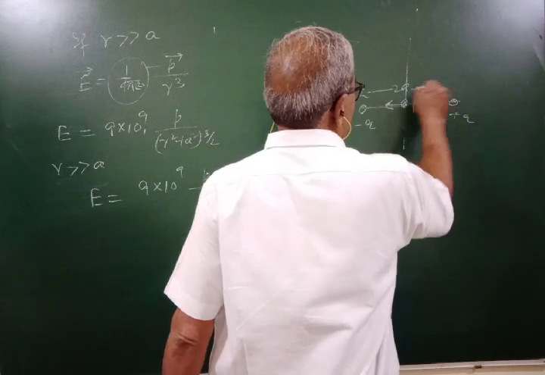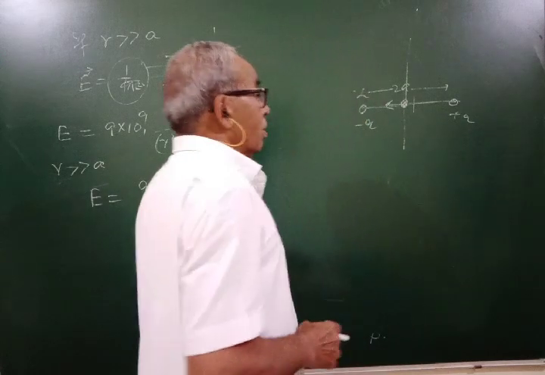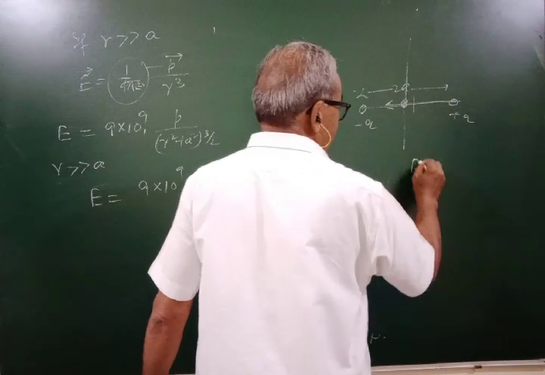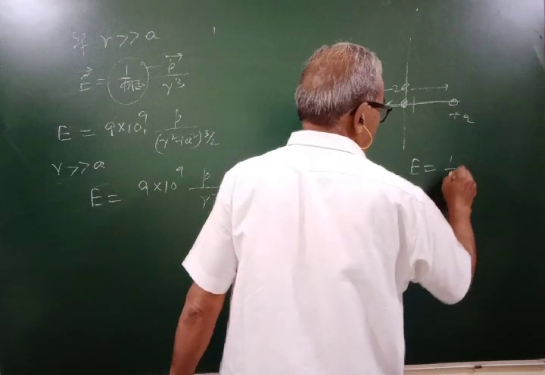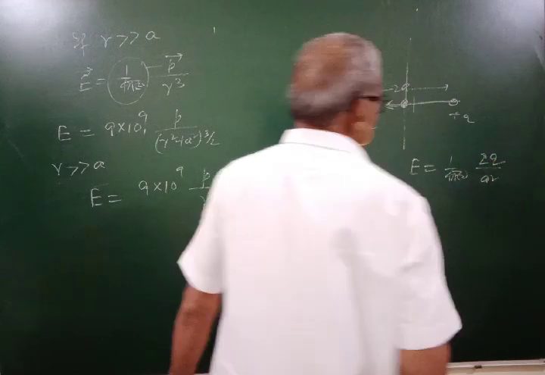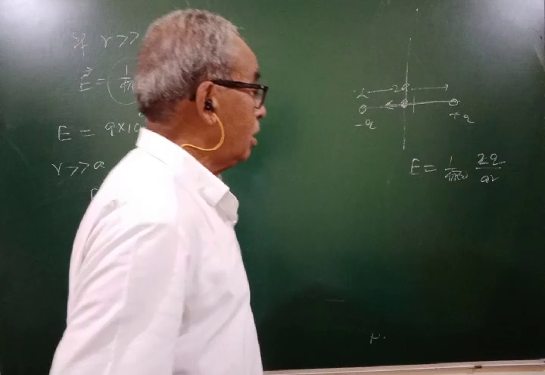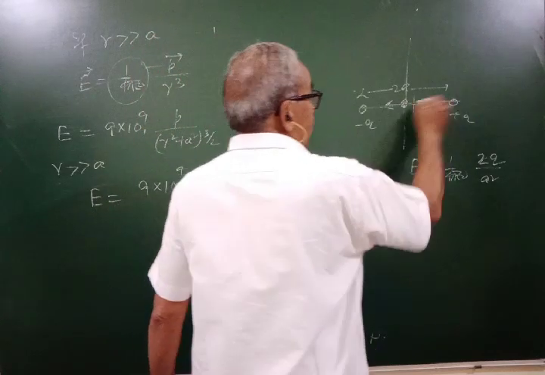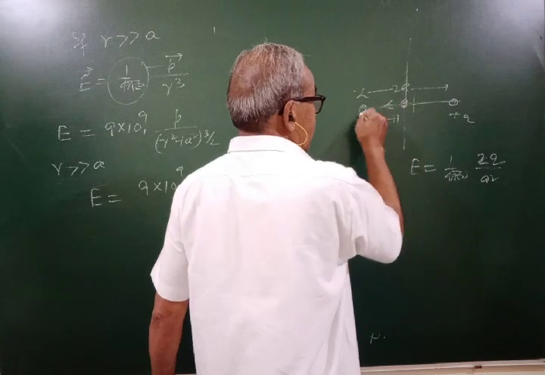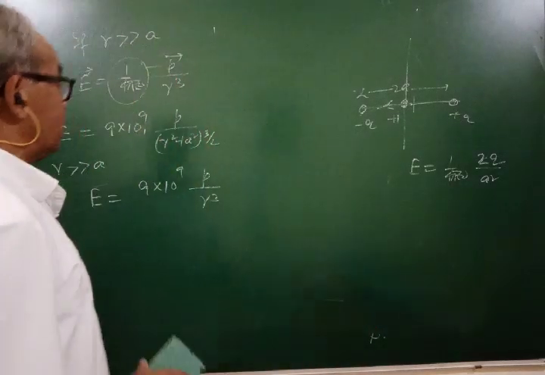For this, the distance we take is 2a. Generally minus q plus q confuses students and they write zero as the answer. It is not zero. How do field lines go? The total magnitude of the field here will be 1 upon 4 pi epsilon 0, 2q upon a square, at the midpoint of the dipole. Please note it. And the direction is from positive to negative, by the force on a positive 1 coulomb charge. The positive charge repels this way, the negative attracts this way. Both get added. Please keep in mind it is a vector quantity.